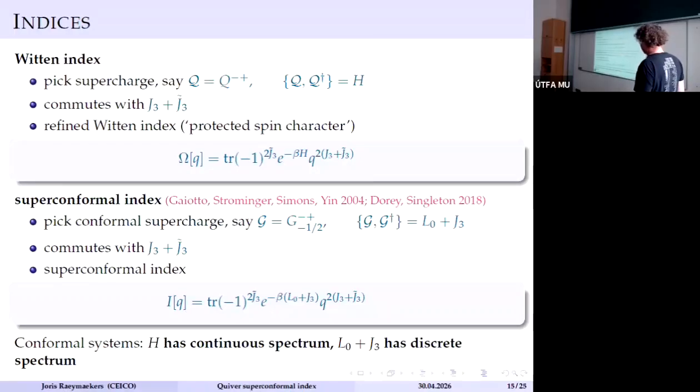Moving on to the superconformal case, the idea is totally the same. Instead of a supercharge, you pick a superconformal supercharge. Say again, we take G minus plus minus 1/2. You can see that it commutes with some R-symmetry generator, and you can write down a refined superconformal index of this type. So why is it useful to do this in systems with conformal symmetry?